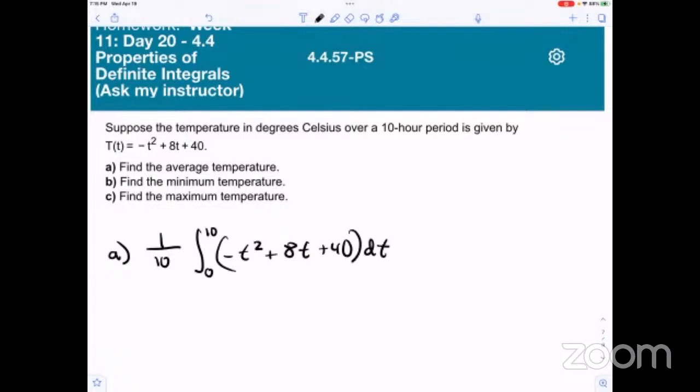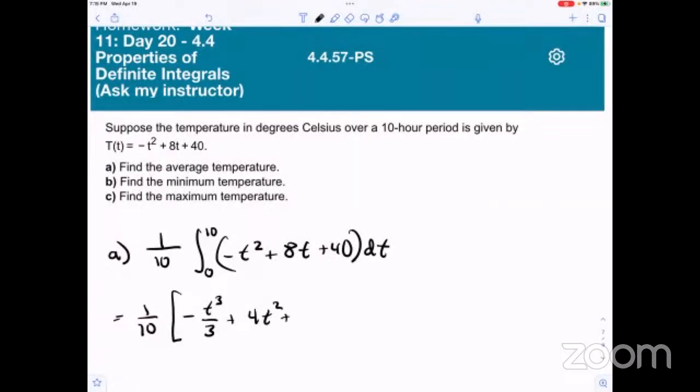So then this is going to be 1 over 10 times what? Negative t cubed over 3, then plus 8t squared over 2, so that becomes plus 4t squared, and then plus 40t.